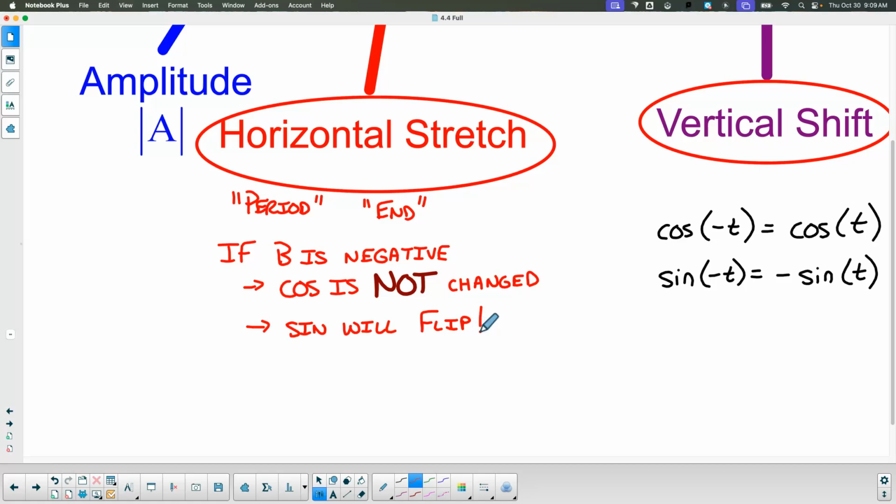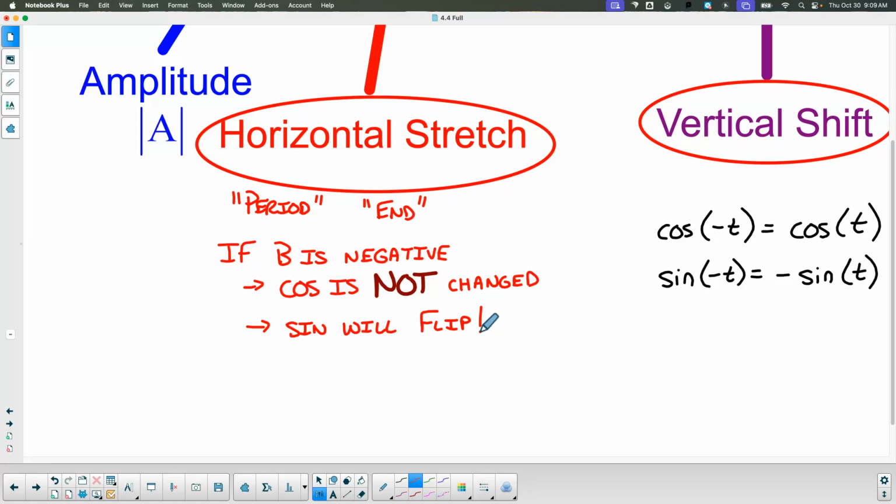Which begs the question, if you have a negative a value and a negative b value, and it's a sine function, okay? The trifecta, negative a, negative b, and it's a sine function.